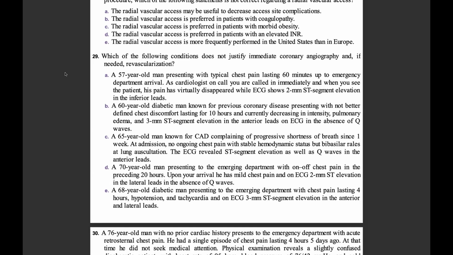Then 1B, the second recommendation is that in patients with acute coronary syndrome and cardiogenic shock or hemodynamic instability, emergency revascularization of the vessel by PCI or CABG is indicated to improve survival, irrespective of time from symptom onset.